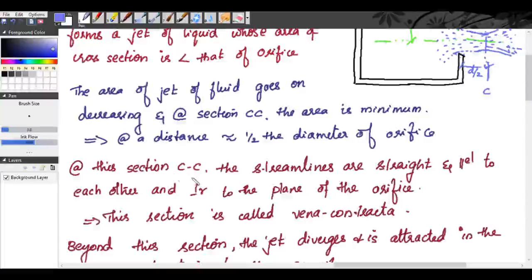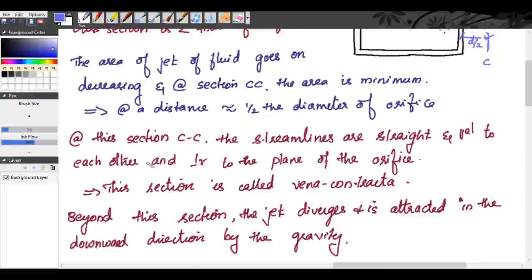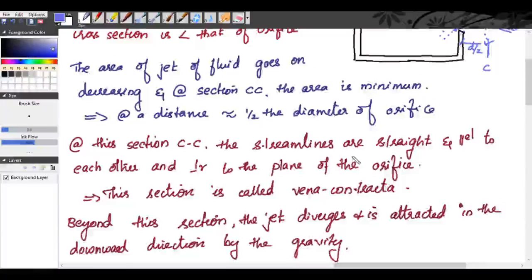At this section CC, the streamlines are straight and parallel to each other. From this up to this it is decreasing, and for a small region the streamlines will be straight and parallel, and after that it will be diverted. So converging, straight and parallel, then diverted, and perpendicular to the plane of the orifice.